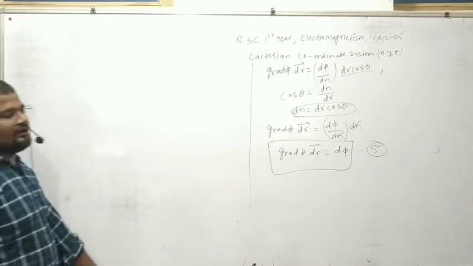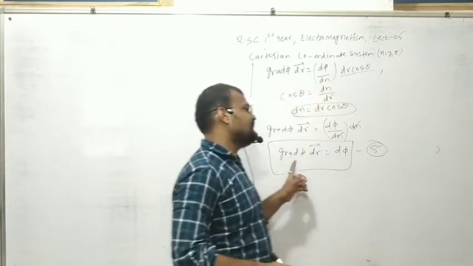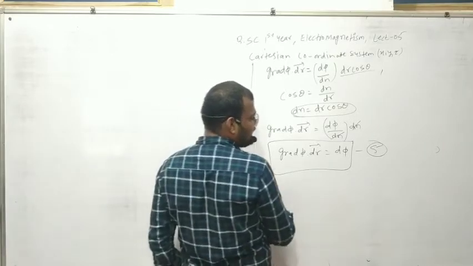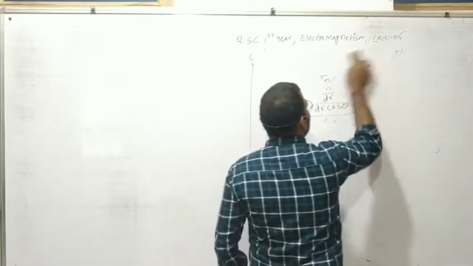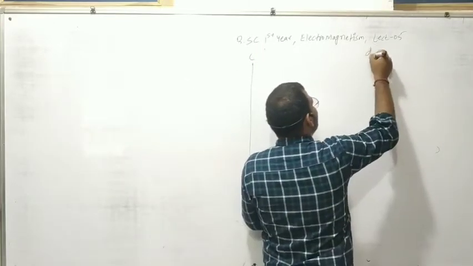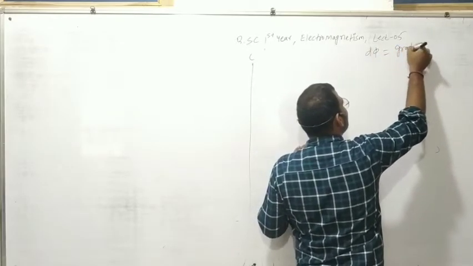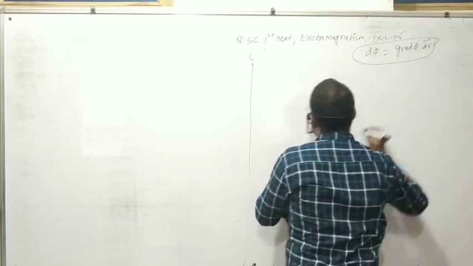So you have got gradient phi dot dr vector equal to d phi. Remember this, it will be useful in the further derivation. What did you get? You got d phi equal to gradient phi dot dr vector. Remember it.